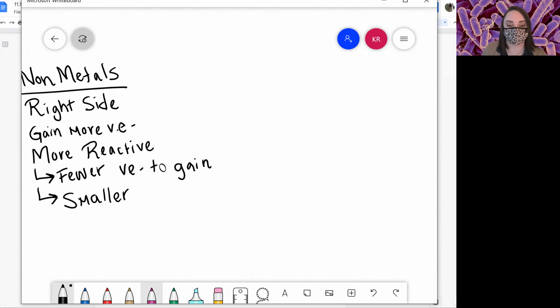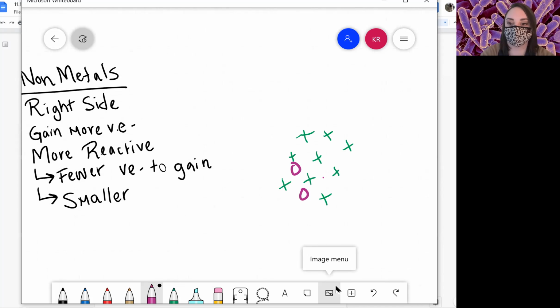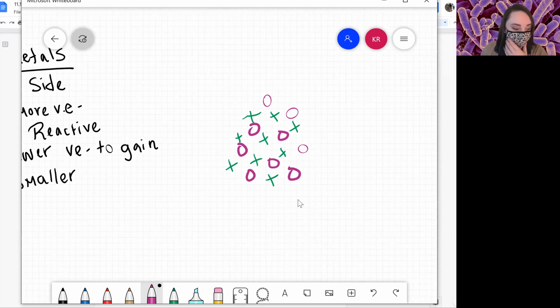So we're going to do the same thing again where we're going to draw, let's see, we'll do fluorine, okay? So fluorine has 9, so you need 1, 2, 3, 4, 5, 6, 7, 8, 9 protons. Those are my neutrons in the nucleus again.